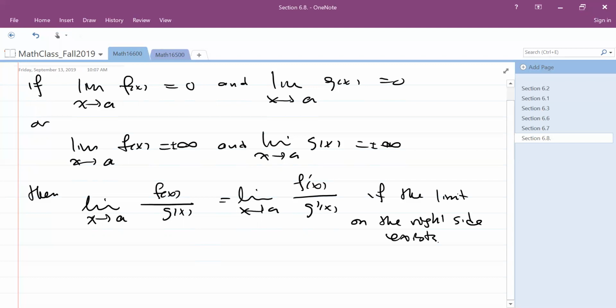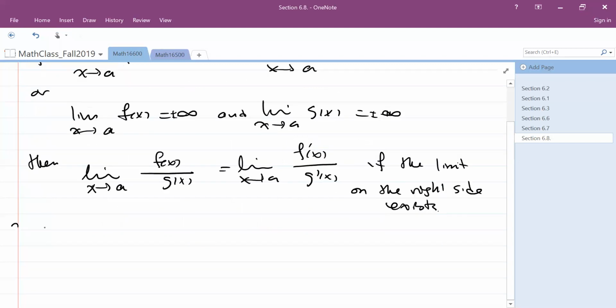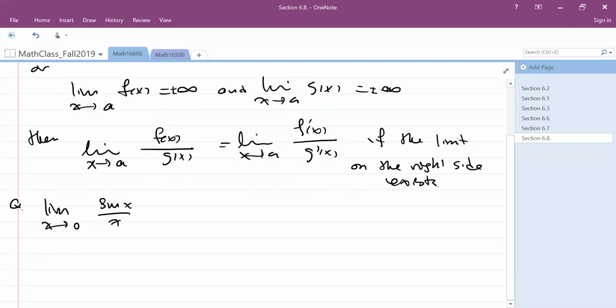So here's the example. Find the limit as x approaches 0 of sine x over x. We already know that this is going to be 1. We did it before. Do you remember? This is going to be 1 by the squeeze theorem.